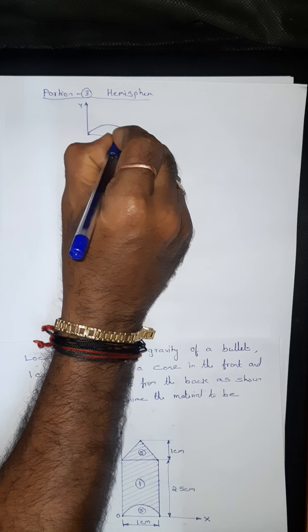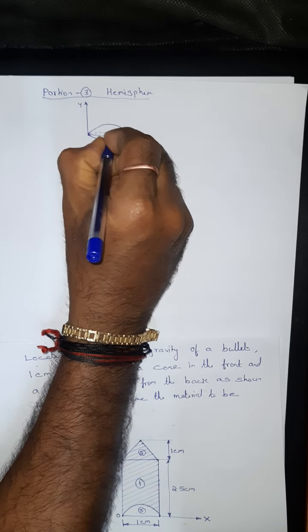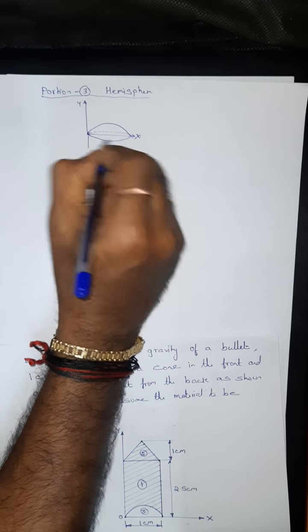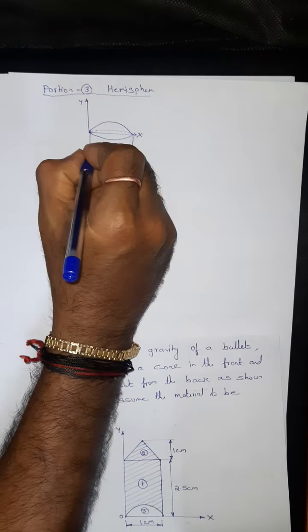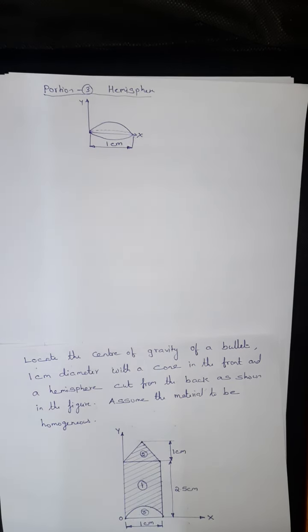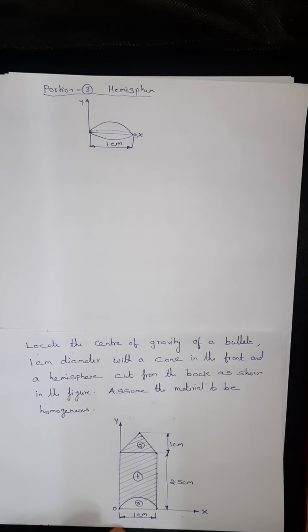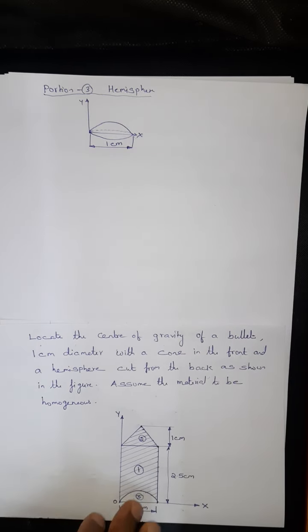This is where the hemisphere would be. And the diameter is of 1 centimeter. Isn't it? And what about the radius? So this is of 1 centimeter. The radius is 0.5, isn't it?